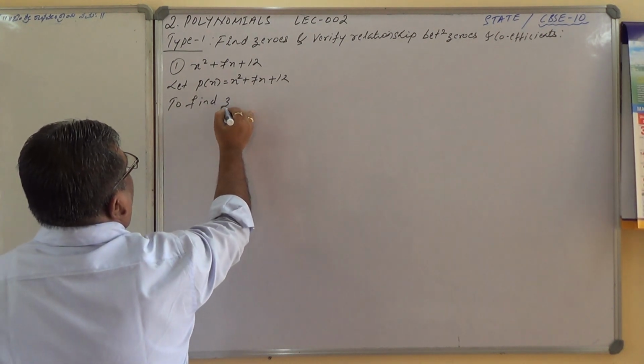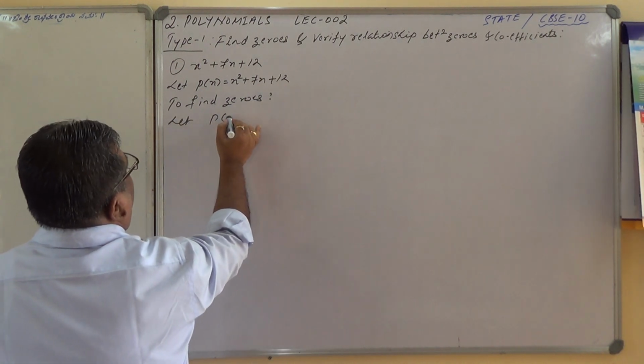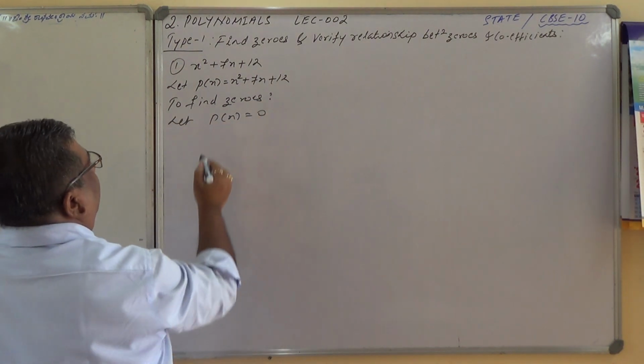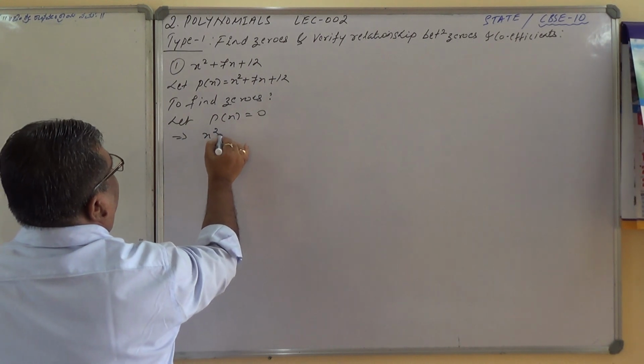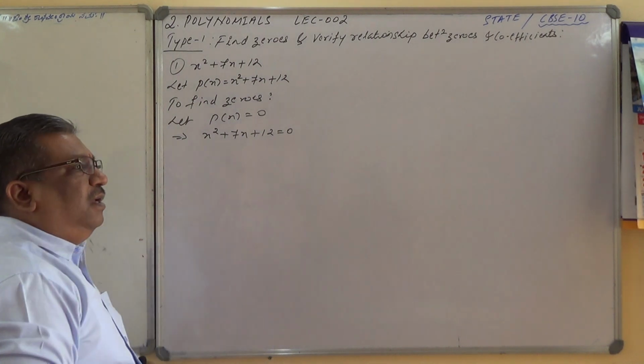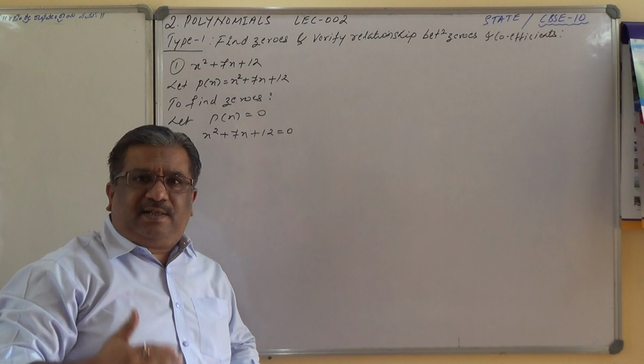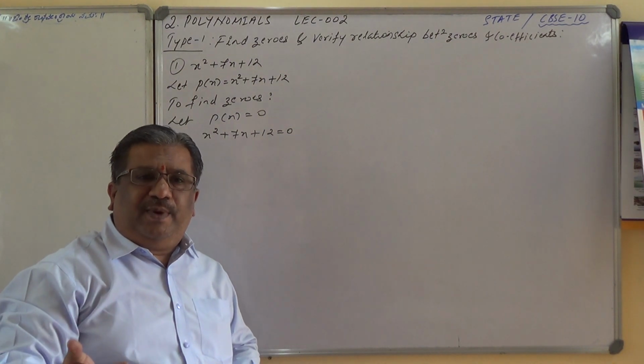To find zeros, let p of x equals 0, which implies x square plus 7x plus 12 equals 0. You cannot find the zeros without subjecting the given polynomial to 0.